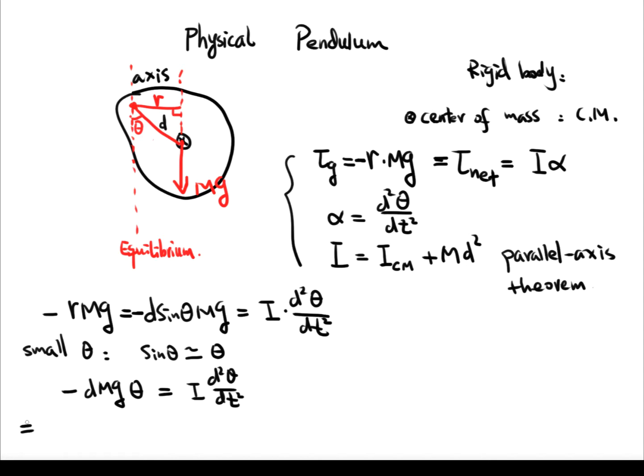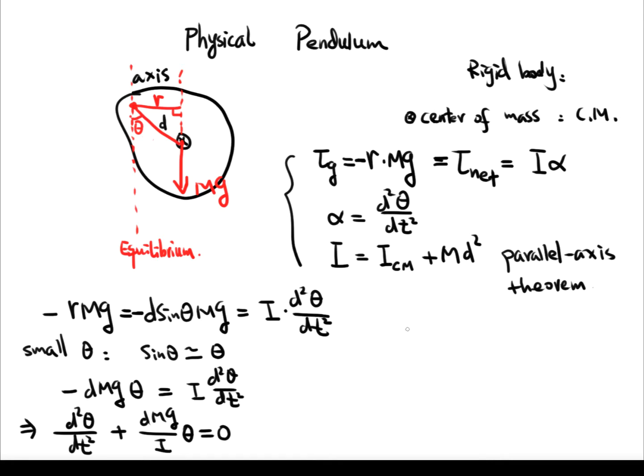Let's rewrite this equation in the standard simple harmonic motion form. We have the second derivative of theta with respect to t plus d m g over I times theta equals 0.